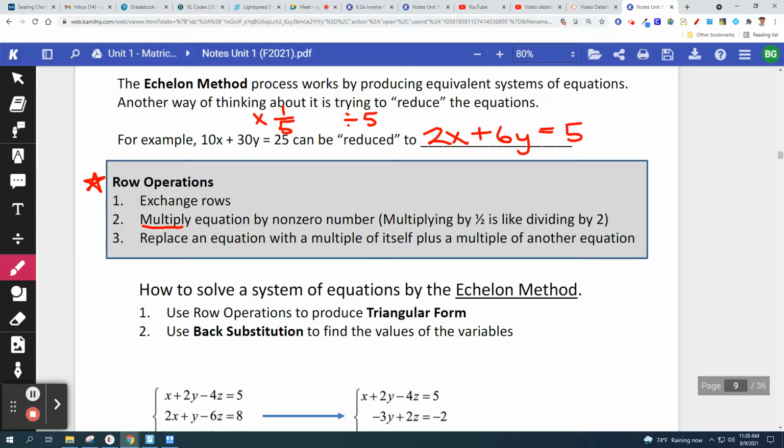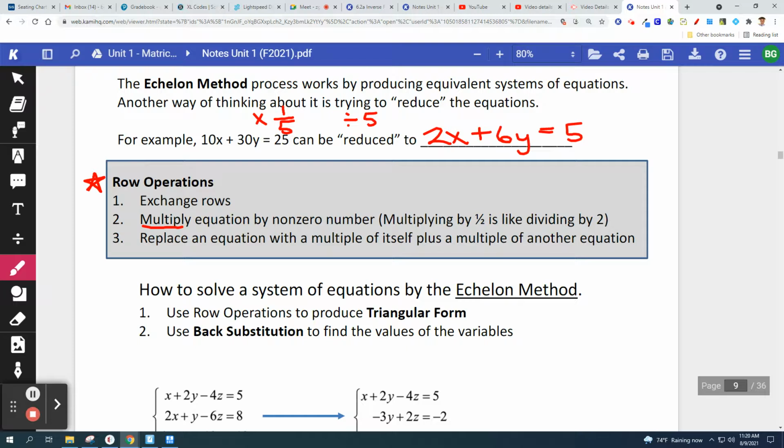Now, in a practical sense, I don't think anybody in this room is going to think about multiplying by 1/5. We're all thinking about dividing by 5. So understand that that's pretty much the same thing, but division gets kind of wonky when we're talking about fractions. So we say multiply. Multiplying by 1/2 is the same as dividing by 2.